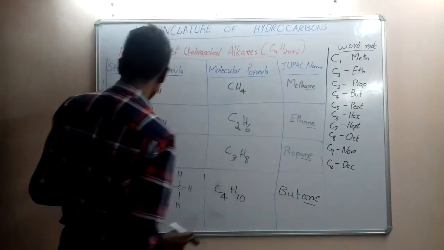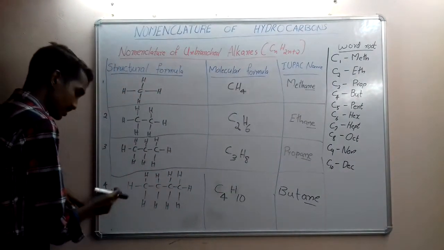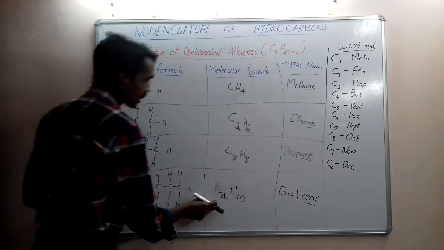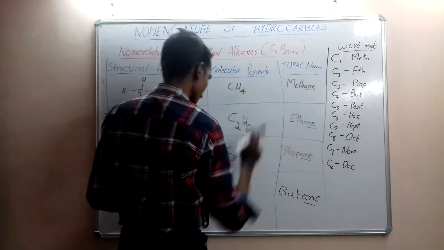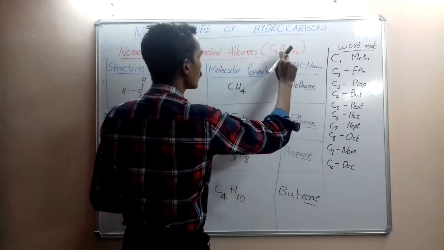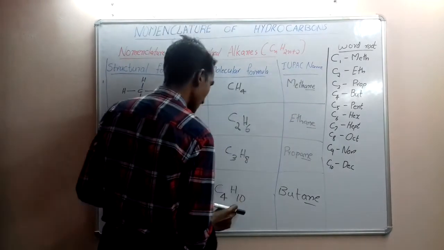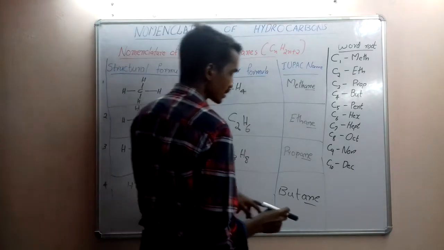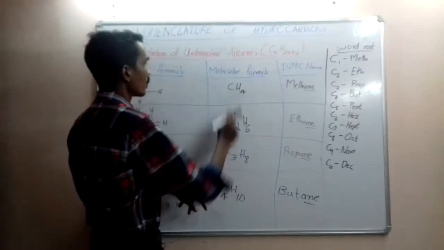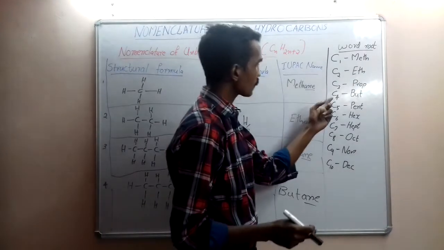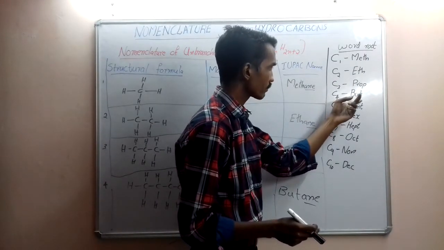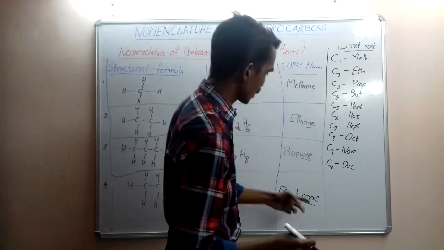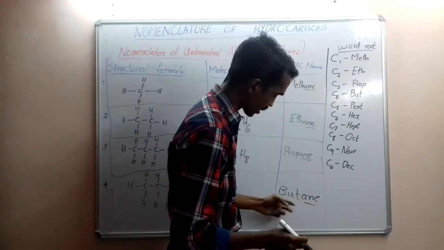Its name is propane. So this is a structural formula of 4 carbon atoms, and when n is equal to 4, 2 into 4 plus 2 is equal to 10. C4H10 is this molecular formula, and 4 means word root is but, and likewise suffix ane is there, butane.